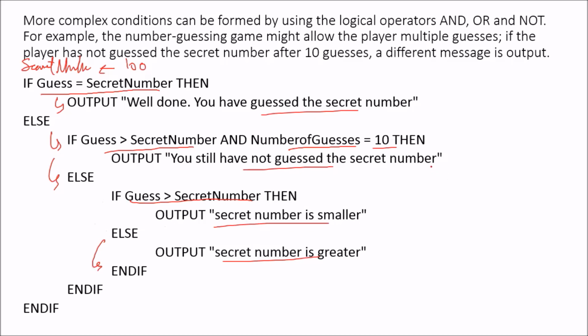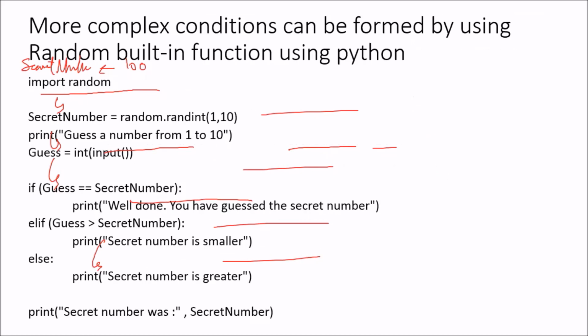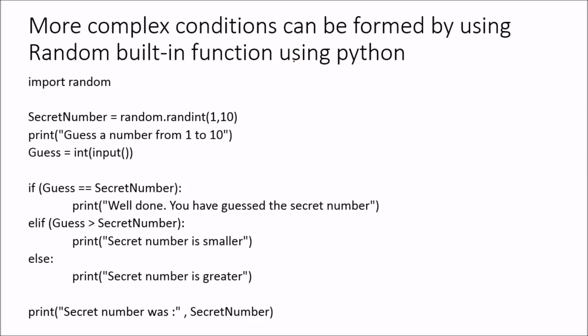Now, this is another one. We have done built-in functions, like the random number. In Python, we are going to import the random library. Then for secret number, we are going to assign a value from 1 to 10 using random.randint, and the secret number will be assigned randomly. The user is not going to assign it.